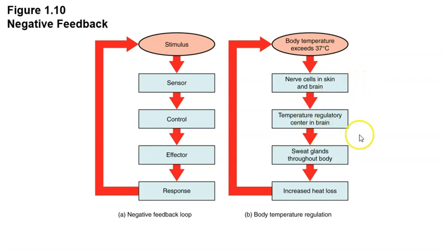There's a temperature regulatory center in the brain, which will then activate sweat glands located throughout the body. Sweat will be produced, and then that will increase the heat lost from the surface of the body. So that way, that response will feed back to reduce the increase in body temperature that was the initial stimulus.